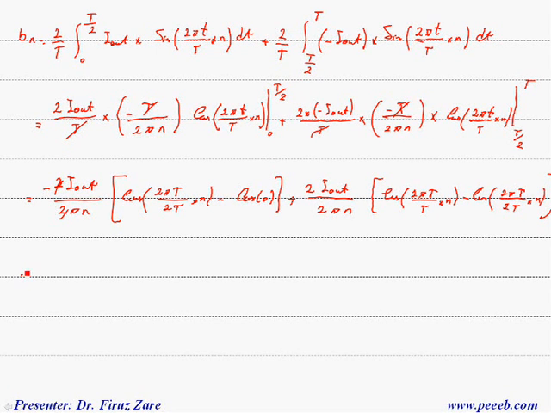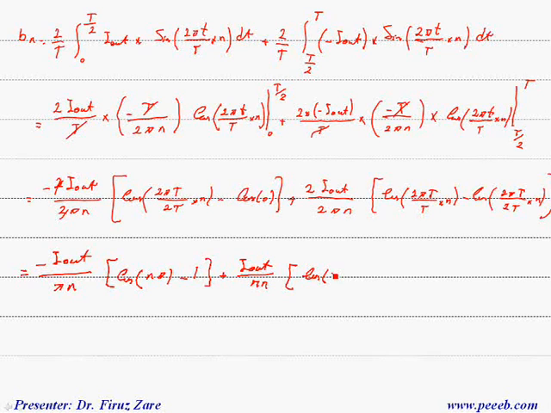That means in this case we have minus I out over pi n, and in this term cosine n pi minus cosine 0 is 1, plus I out over pi n times cosine 2 pi n minus cosine pi n.